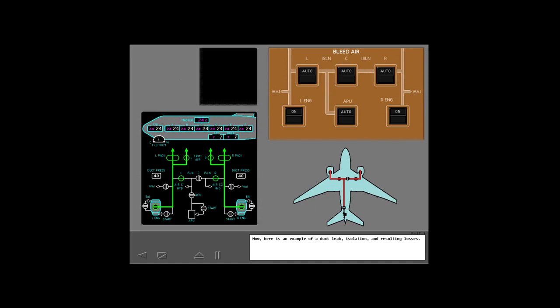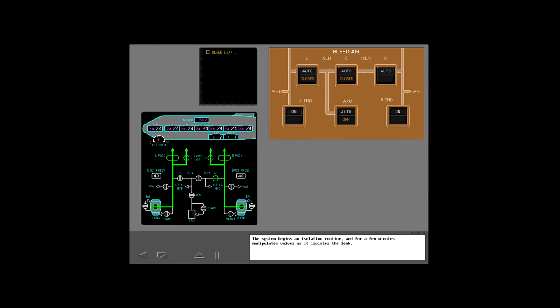Now here's an example of a duct leak, isolation, and resulting losses. Assume there is a leak in the body area. The caution message, "Bleed Leak Left," is displayed on ICAS.